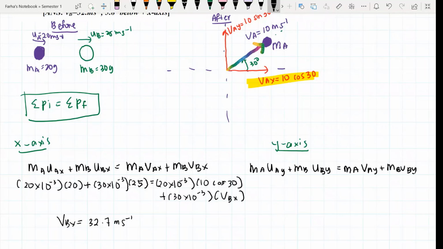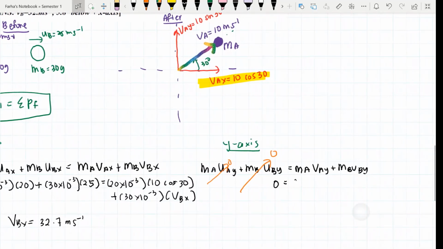Untuk Y axis, before the collision kita tahu dia akan equals to 0 sebab gerakan before the collision only involve in X component. So 0, this one pun akan 0. So dia akan jadi sekarang 0 equals to MA is 20 power of negative 3.